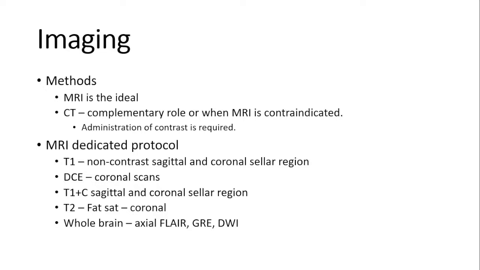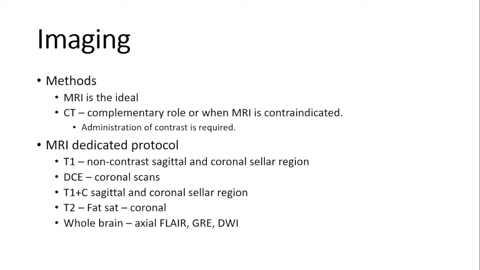And then we do dynamic contrast enhancement. What do I mean? We administer contrast and then image in rapid sequence within a short time. Okay, acquire at 0 seconds, 30 seconds, 60, 90, 120, 180. And I will explain shortly why we do this.